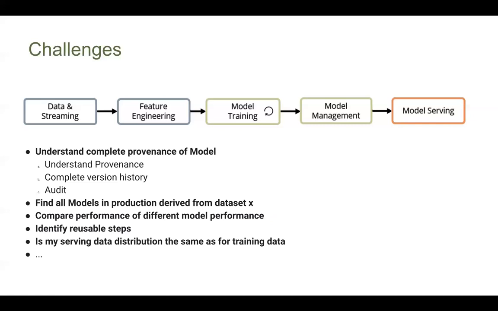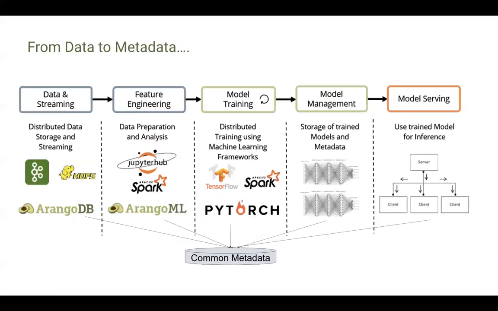And then also to detect, for example, data shift. Data shift is when your training data has a different distribution, and then over time certain characteristics of your data change, and hence your model, which you trained with the original distribution, is not applicable to the incoming distribution anymore. So it turned out that having a common metadata layer, which we ended up implementing, was a super powerful tool to answer all those queries.